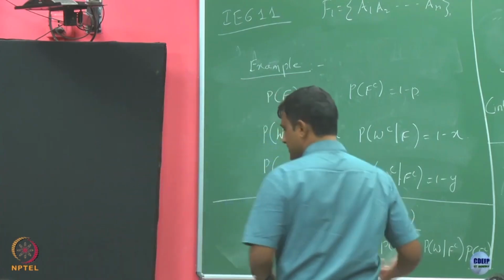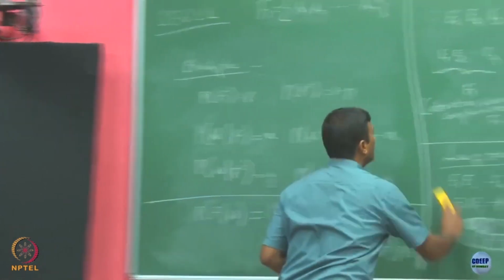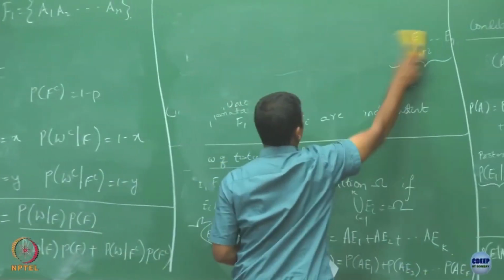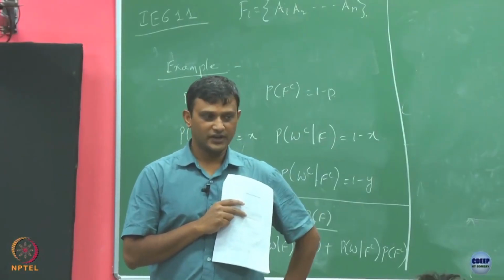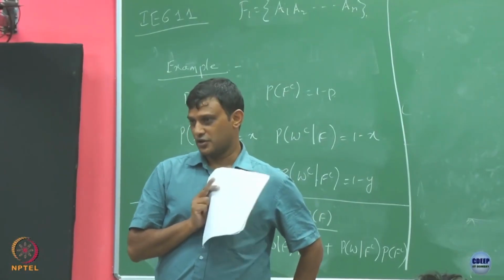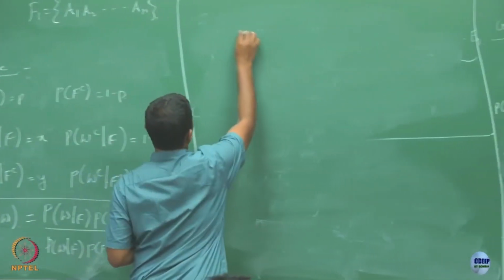Okay, let us say another simple example that you can relate to a bit more. Let us say you have a question, and for that question you either know the answer or you do not.